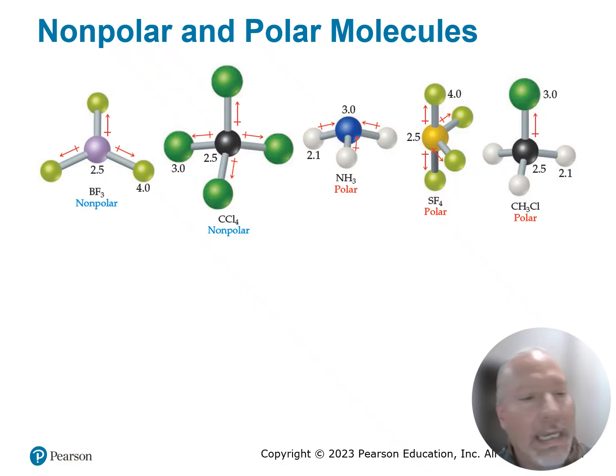Because everything is going in equally but opposite directions, the dipoles cancel out. There is a dipole to each of these bonds, but they cancel out, so it ends up being nonpolar. So it does not dissolve very well in things like water, acetic acid, or ammonia. It's going to be pretty much nonpolar.